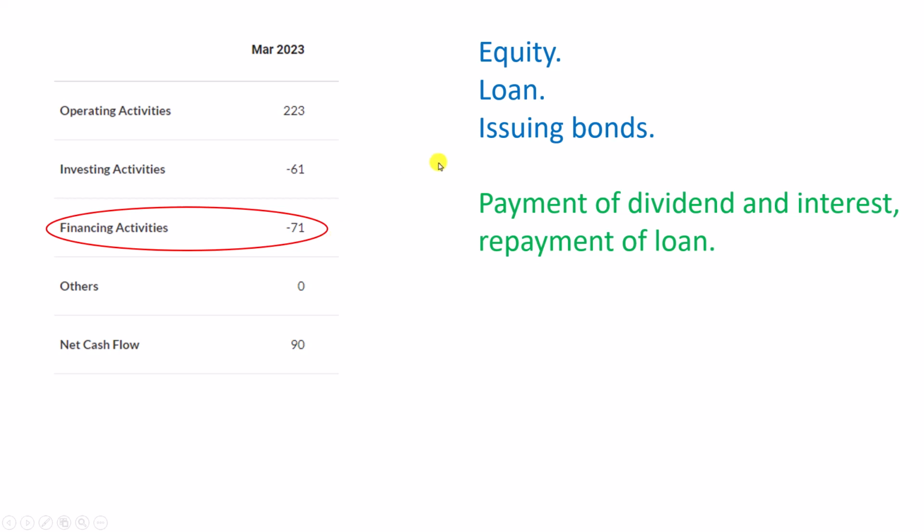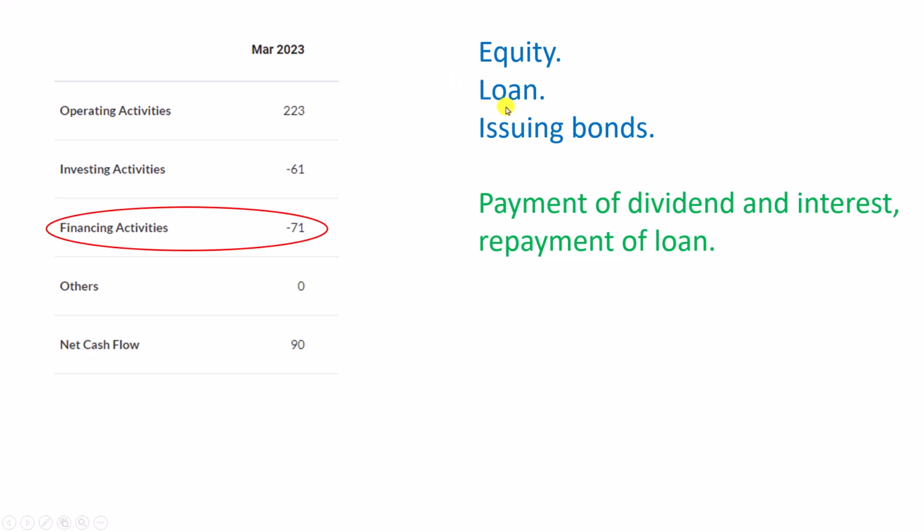You see, the company requires money to operate or to function. And there are various ways to generate money. One is by equity or shares, other is by taking loan or by issuing bonds. If the company issues new shares, then money would come to the company and that would count as equity.